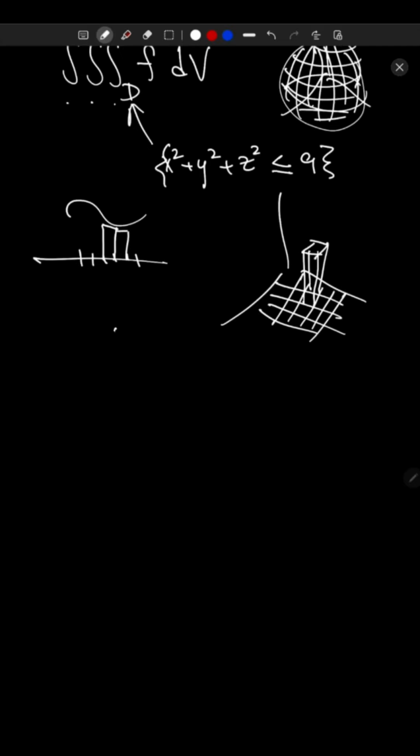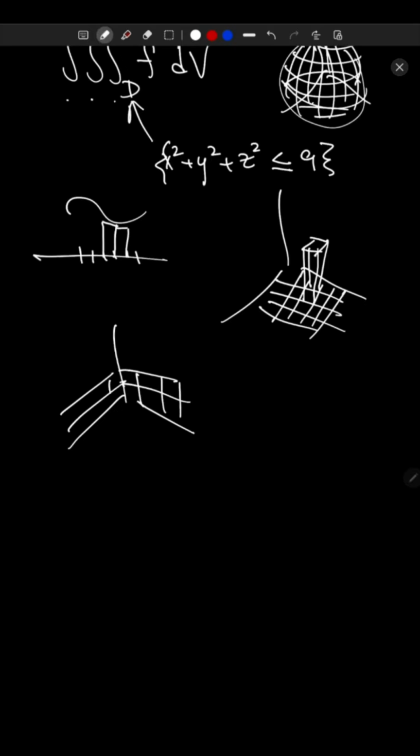And now you're chopping up your region, which is a region in space, into rectangular boxes. This is pretty much impossible to draw. And you're adding up values at each rectangular box.